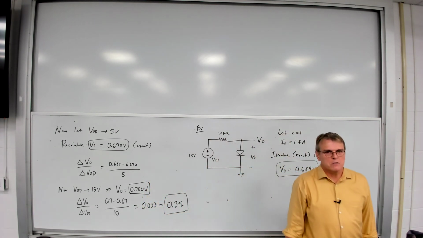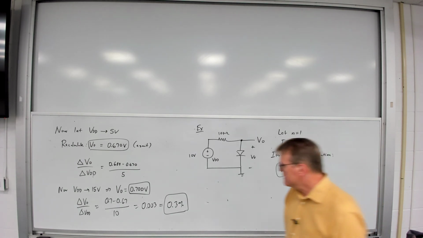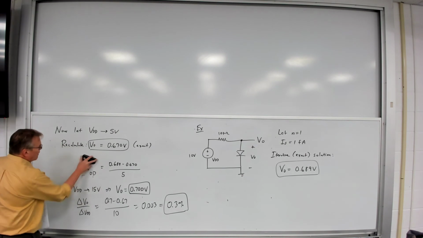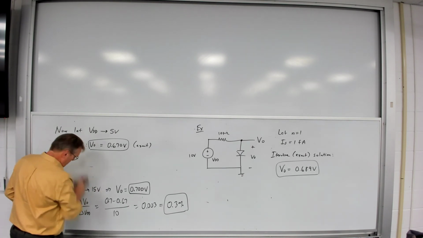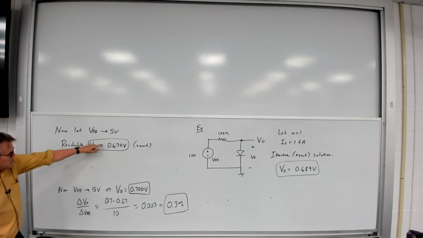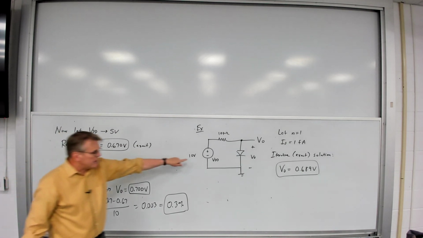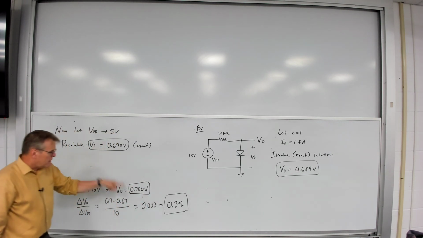And there's my result. So in this case, I just went ahead and did the calculation all the way from this point to that point to get the widest range of variation, from 15 to 5 volts, with 10 volts the median value. So we notice how it changes.